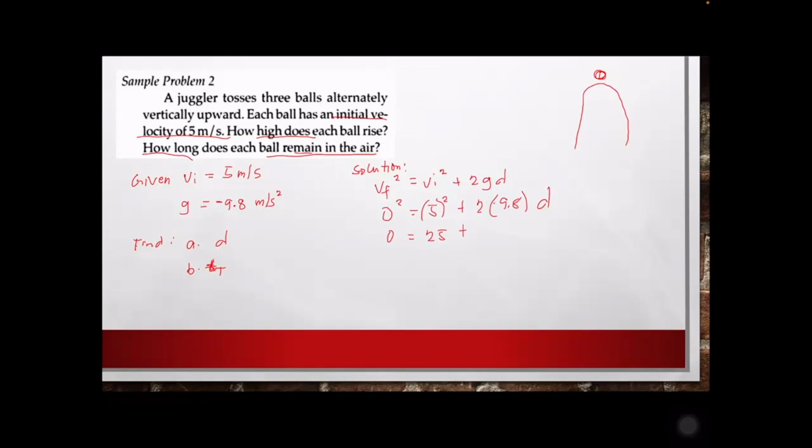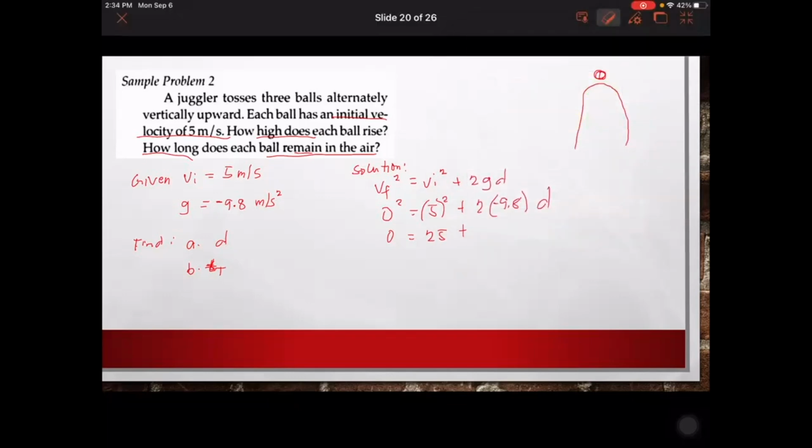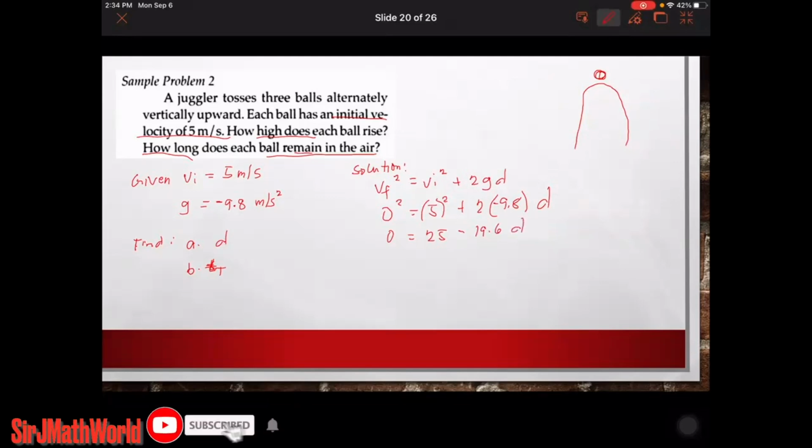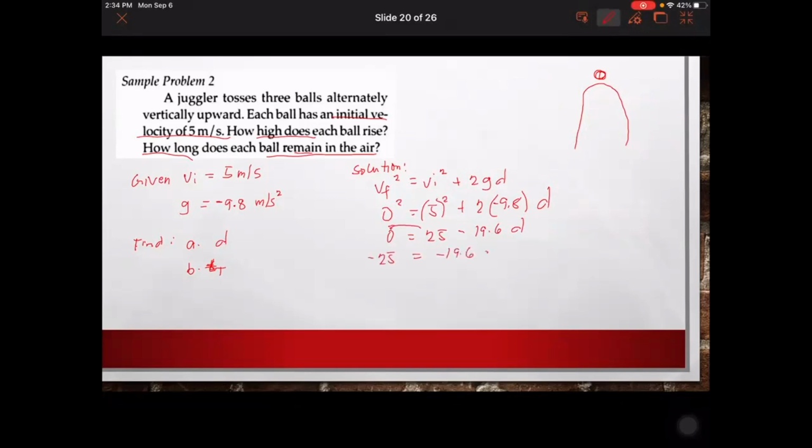This will be 19.6, so negative 19.6 d. Then transpose natin itong 25 sa kabila, so negative 25 is equal to negative 19.6 d.